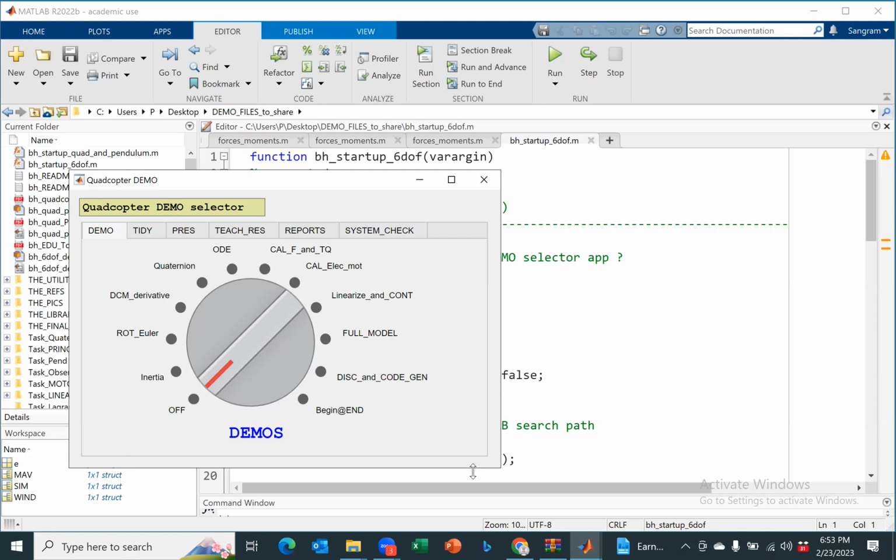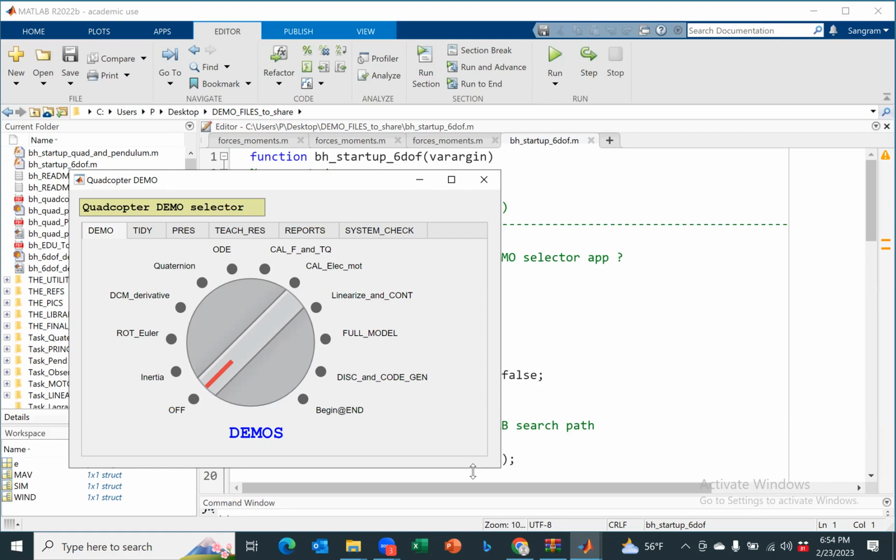Everyone understood this? Then you implement that on the full model. And if you want to go a step further, you can generate a code that you can flash in your microcontroller that will implement the autopilot. You can do everything with respect to the Mambo platform that we have.